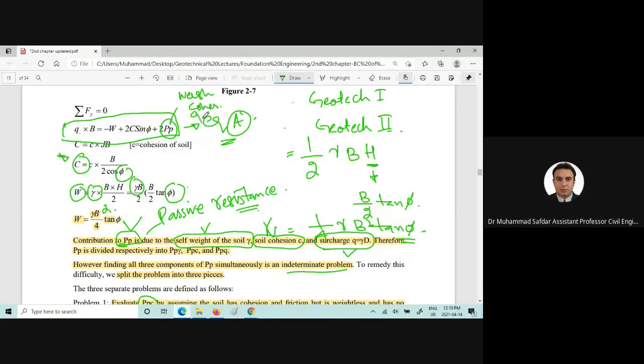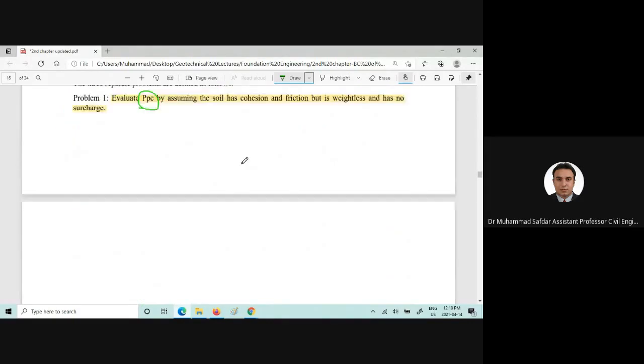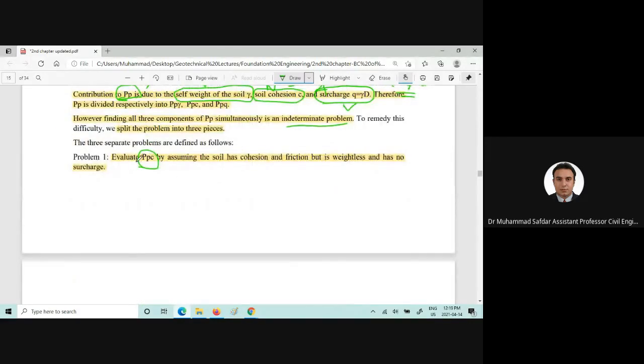Okay. Now this PP is dependent upon the weight of the soil, cohesion, and the Q, which is the surcharge. Now he evaluated PP, that PP is equal to PPC, which is the cohesion. Now in that case, PP gamma will be equal to 0, PPQ, which is due to surcharge, equal to 0.